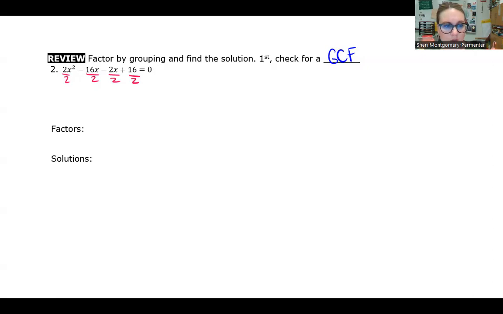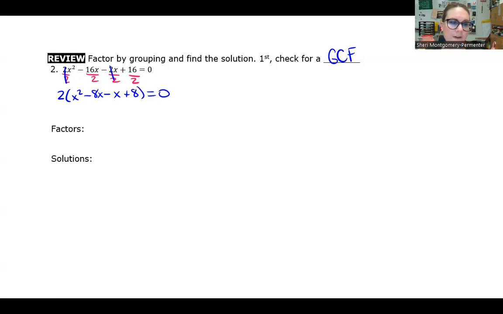So we're going to take that 2, put it out in front. 2 divided by 2 is 1. 16 divided by 2 is 8, minus 1, plus 8.